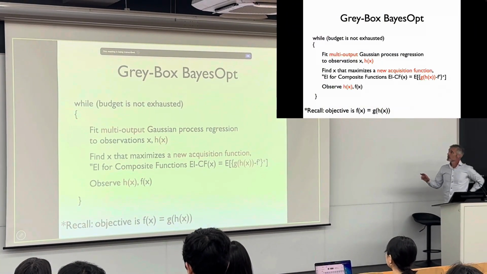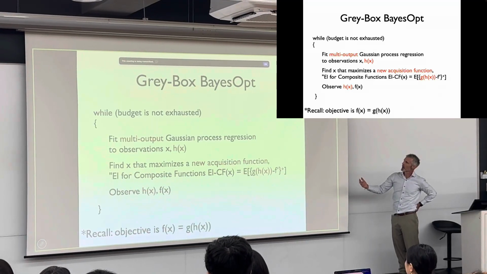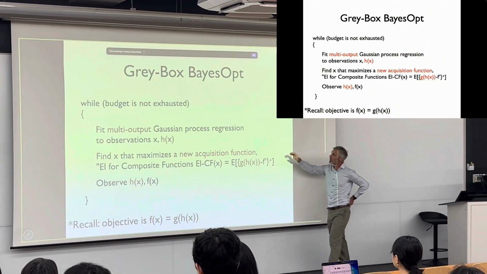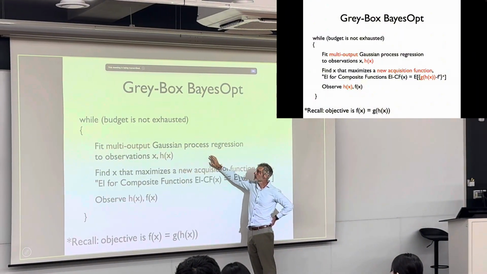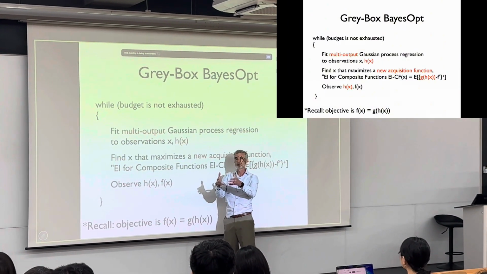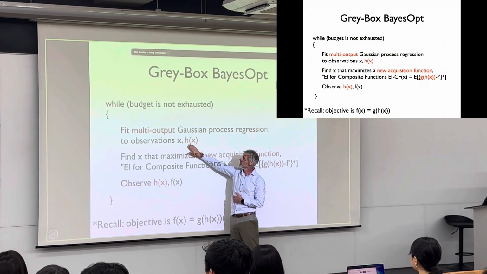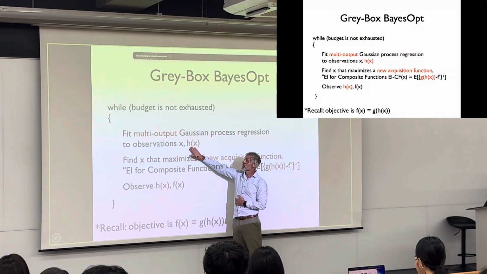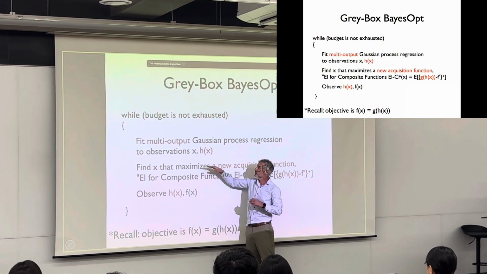When we do this function networks approach, which we also call a gray box approach, instead of fitting the Gaussian process to the overall objective function, we fit it to the thing that we don't know. So each of these individual functions, in this case there's only one, this h of x, we model the relationship between inputs to that function and outputs.